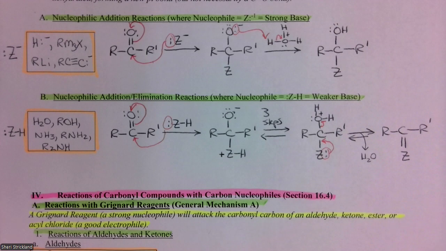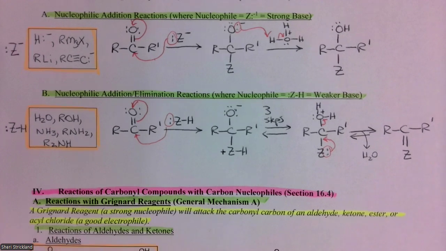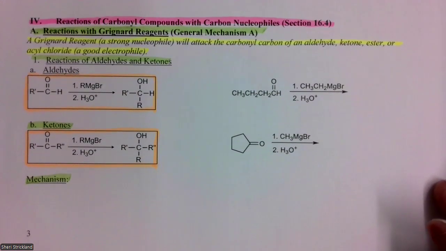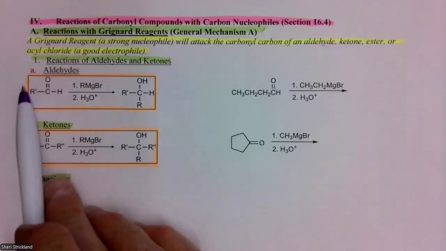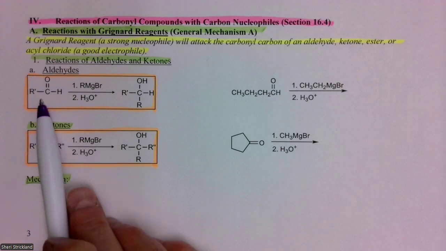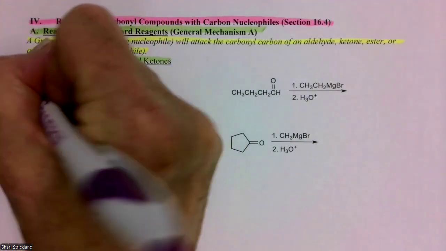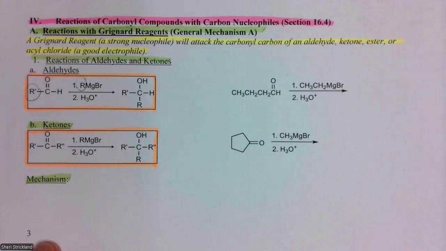Okay. All right. So we're going to start with Grignard reagents because they are probably one of the most common carbon nucleophiles. And so down here, what I've got is the general reaction pattern for a Grignard with aldehydes as opposed to ketones, so that you can see that, like here, for example, if I have an aldehyde with one alkyl group, and so here's the alkyl group of the Grignard reagent.